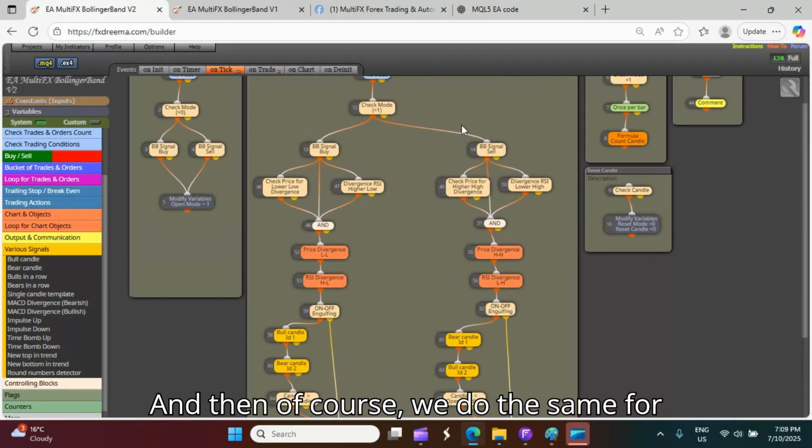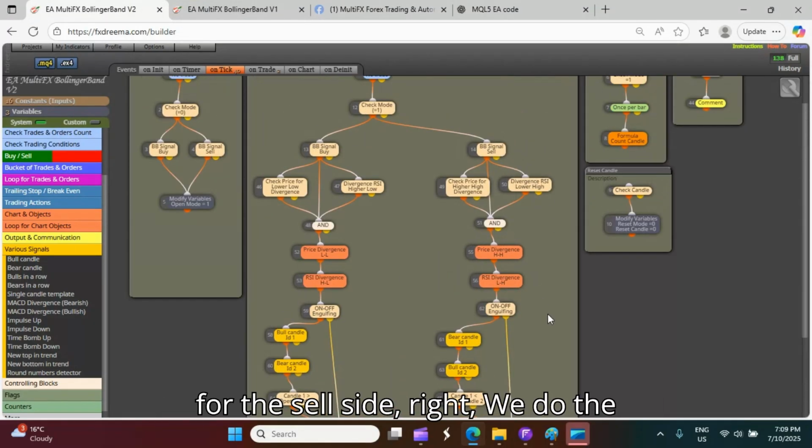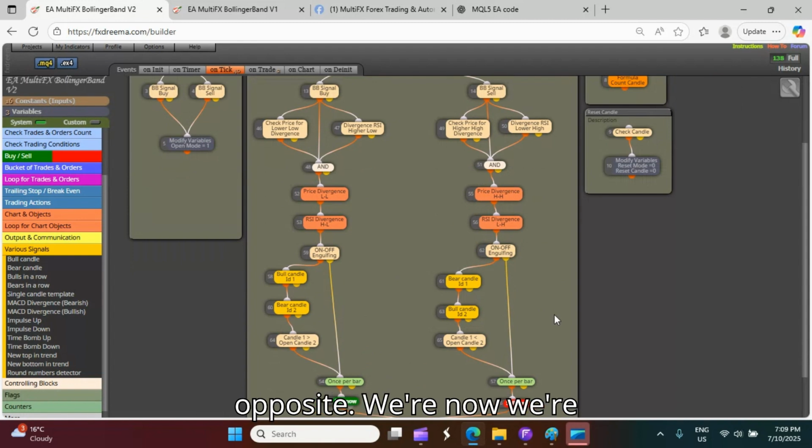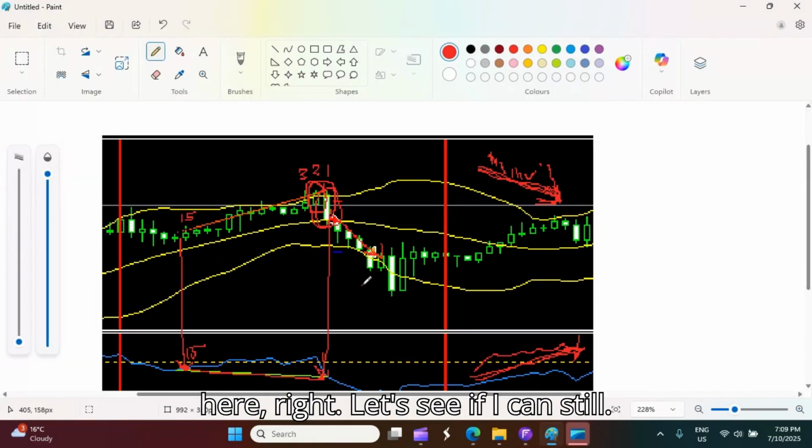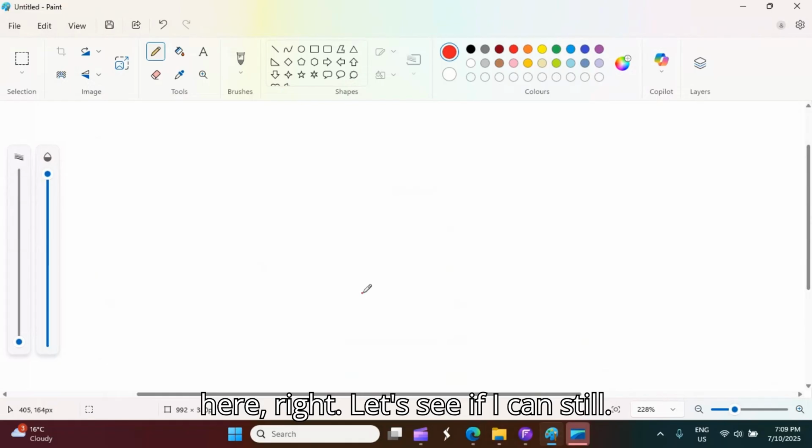And then, of course, we do the same for the sell side, right? We do the opposite. Where now we're looking at a bear candle, and then candle number two must be a bull candle, and then the close of candle one has got to be lower than the open of candle two, right? And I think that's represented in here, right? Let's see if I can still.